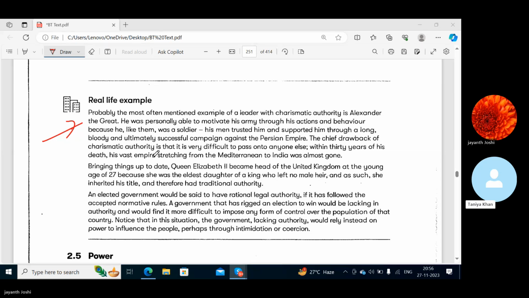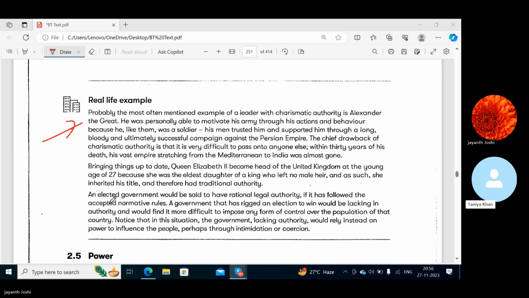Firstly, he gave the example of Alexander the Great, that he was personally able to motivate his army through his actions and behavior, and that his men trusted him and supported him.